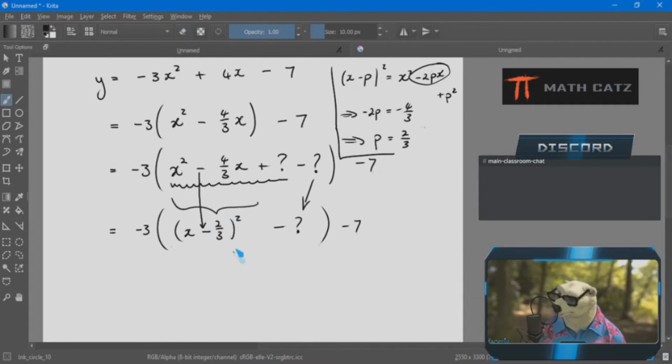2/3, which then makes the question mark value, erase, 2/3 squared. And that makes the other question mark, erase, the same, 2/3 squared.